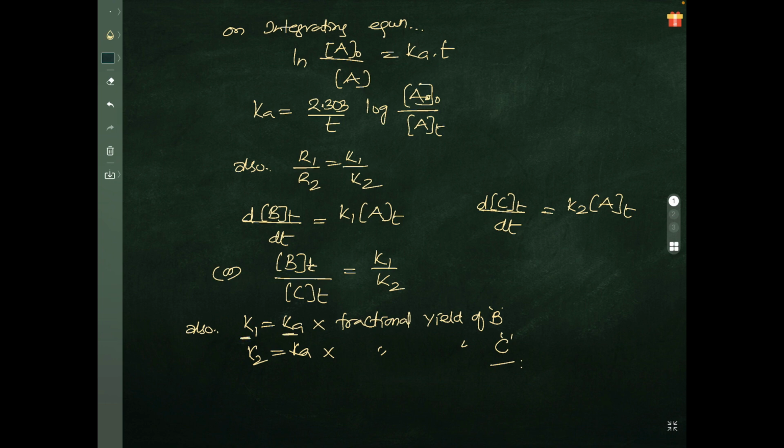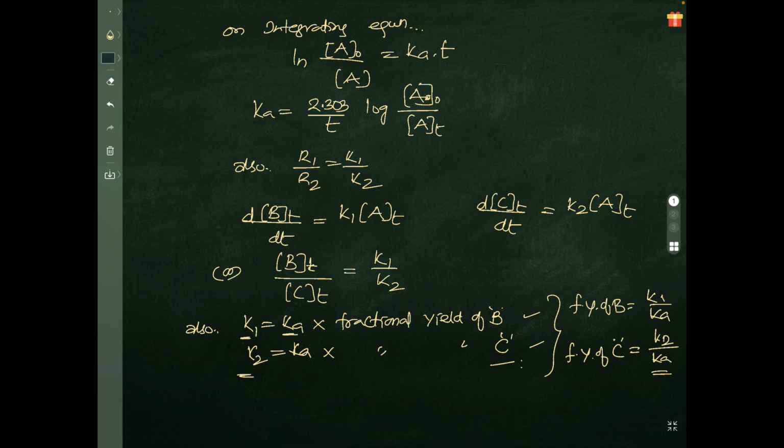K1 is equal to Ka into the fractional yield of B, K2 is equal to Ka into the fractional yield of C. Generally you will be asked fractional yields only. Fractional yield of B is equal to K1 by Ka, fractional yield of C is equal to K2 by Ka. So this is all about the kinetics of elementary parallel path reactions.